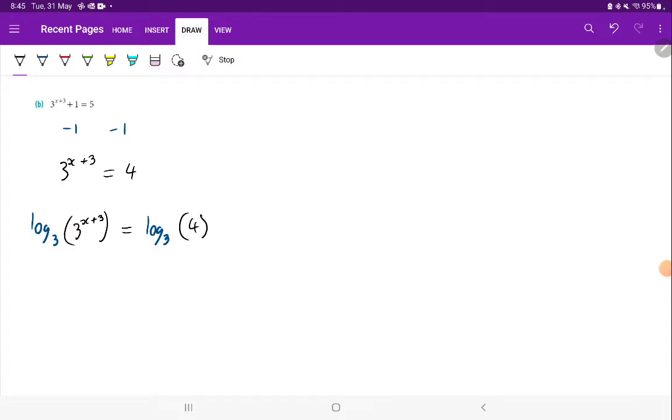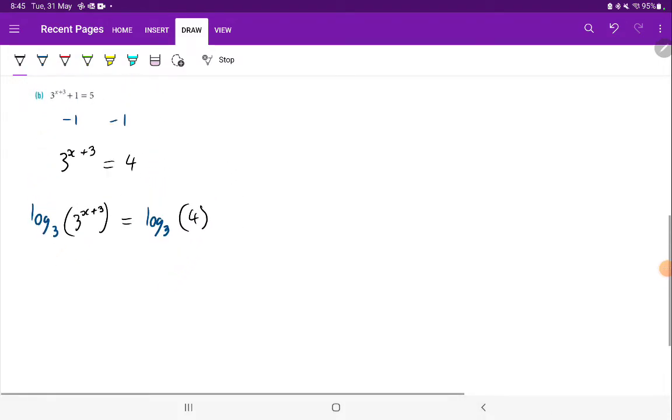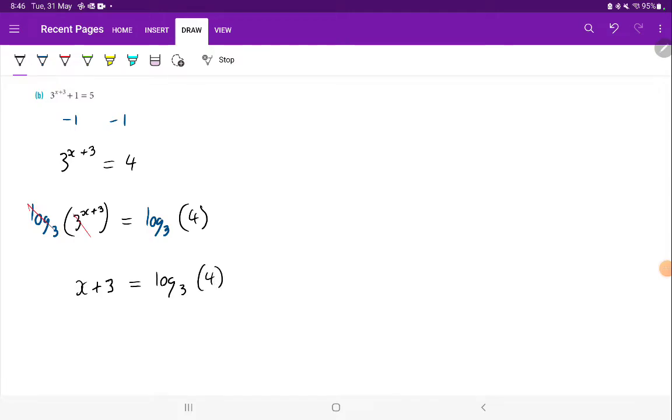Log base 3 of 4, we don't know what that is yet, but the whole point was to get rid of the 3 on the left-hand side. So now we're left with x plus 3 equals log base 3 of 4. Once again, we don't know what that is, but I still also haven't found x, so let's take 3 from both sides.